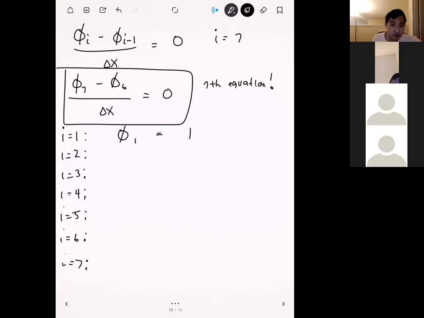Next, we have all of our interior equations. So we have phi 1 minus 2 phi 2 plus phi 3 is equal to 6x2 delta x squared.